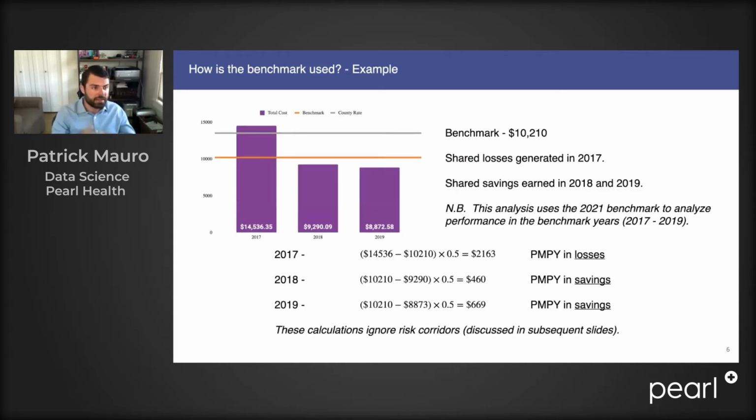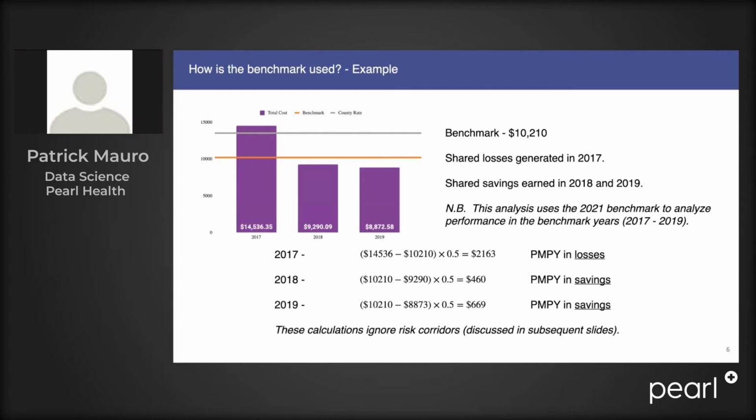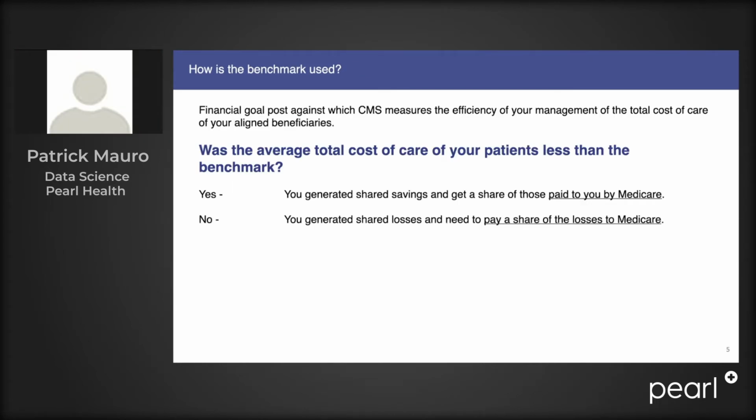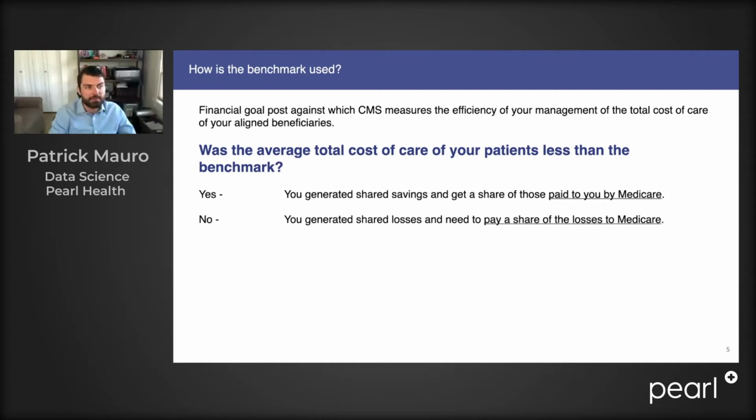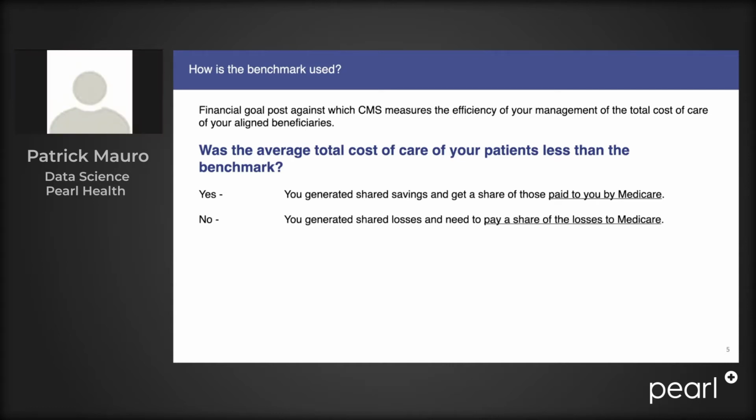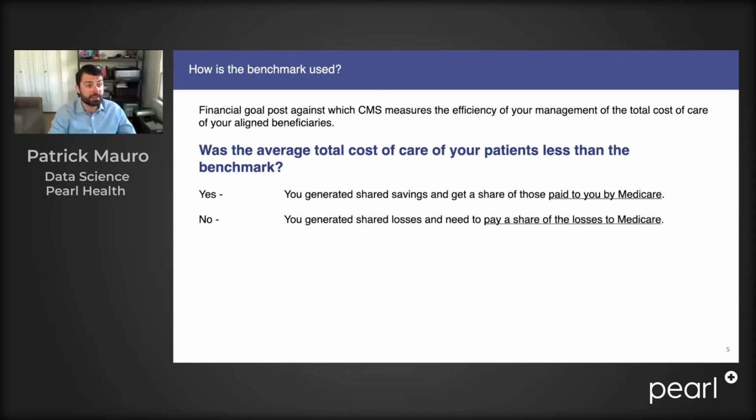So we're going to get into an example of exactly what that means. Here, I had one quick question. Are there any other things that might affect how much savings are paid out in a given year? Sure, that's a good question. It's not only how your total cost of care, where you come in terms of the average total cost of care of your beneficiaries on your panel, but it also involves a quality score.